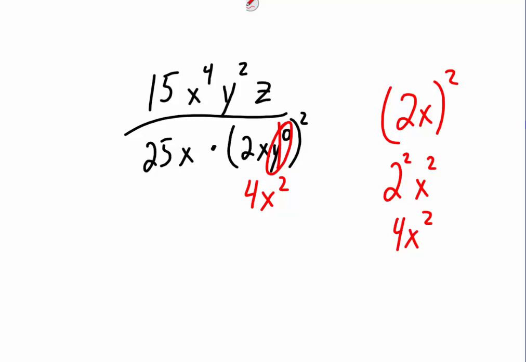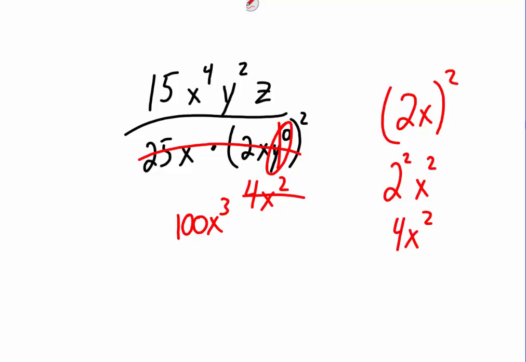Now we look at the bottom here, or the denominator, and we've got a 25 times a 4. Well, 25 times a 4 is just 100. And then x times x squared is just x to the third. So we just cleaned up the entire denominator into a 100x to the third.